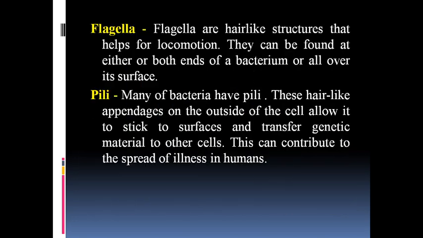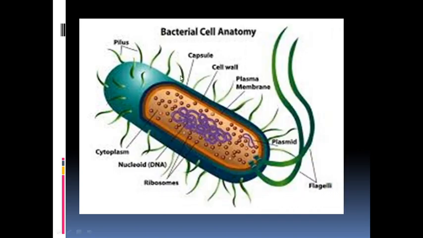Next, moving on to the pili. Many bacteria have pili, which are called sex pili. These hair-like appendages on the outside of the cell allow it to stick to surfaces and transfer genetic material to another cell. See, these are the pili. You can observe the difference between the flagella and pili. The pili are small hair-like projections, but the flagella is a long one.